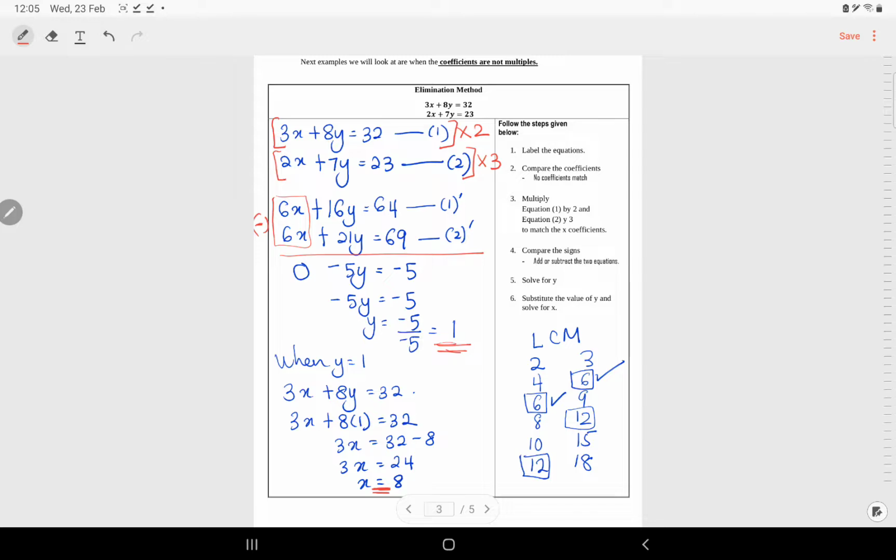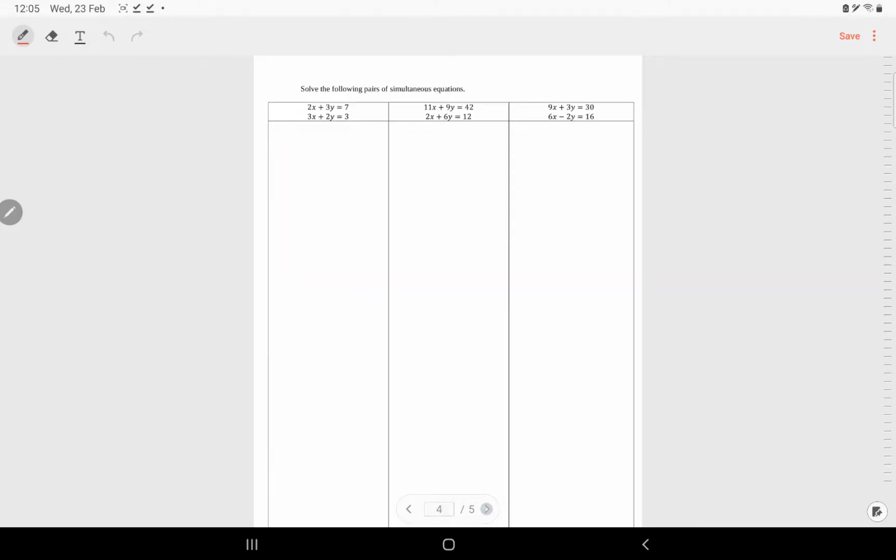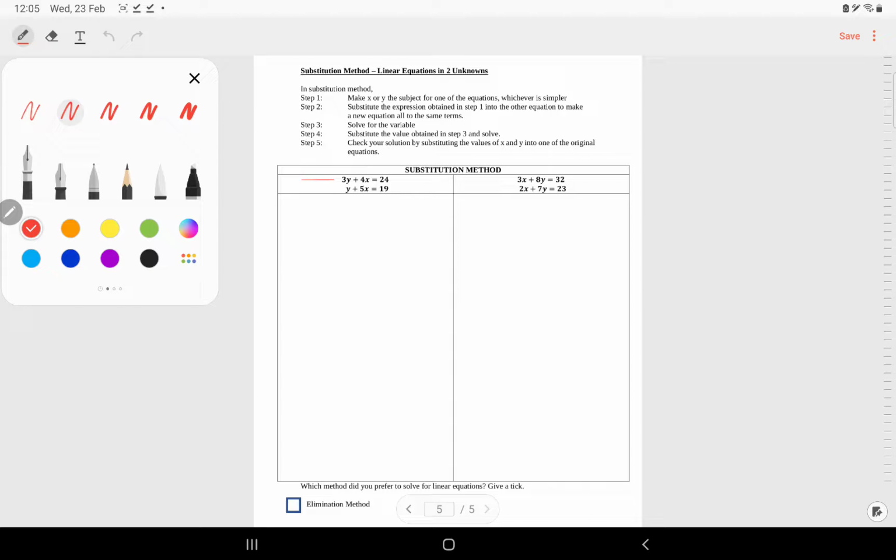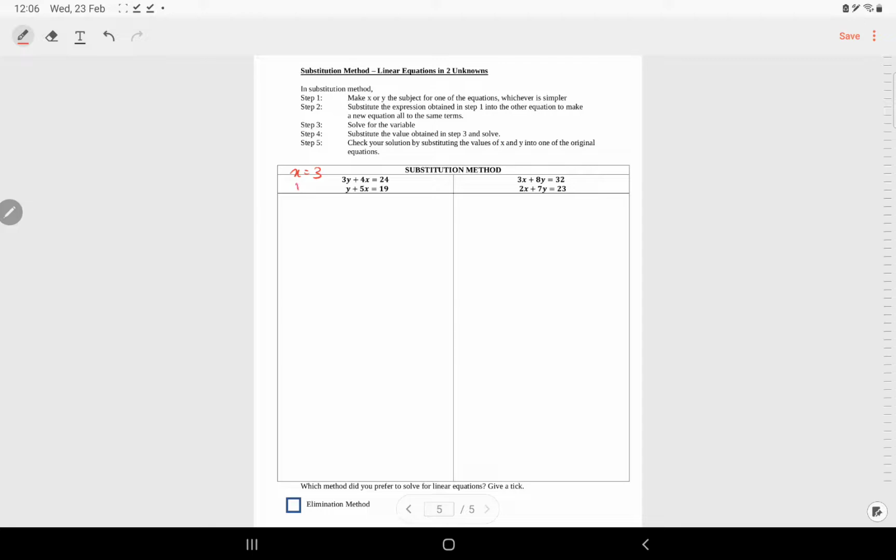So we're going to see how the substitution method works. We have looked at our previous example, where we got x equals 3 and y equals 4. And in our recent example, we got x equals 8 and y equals 1.